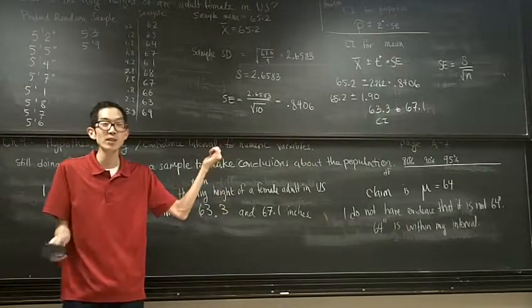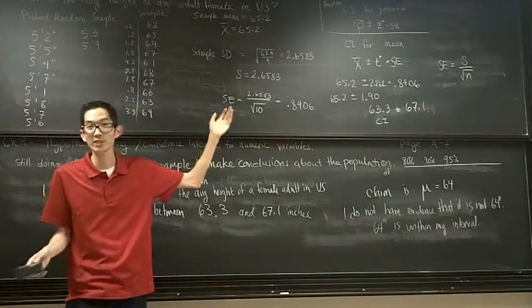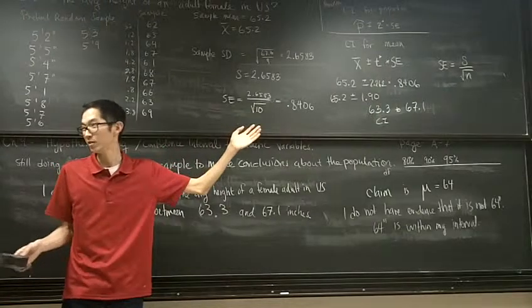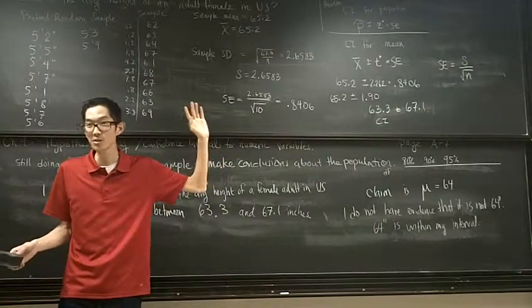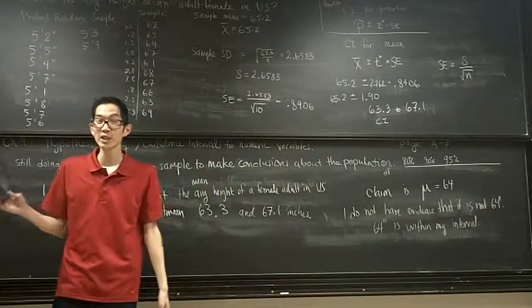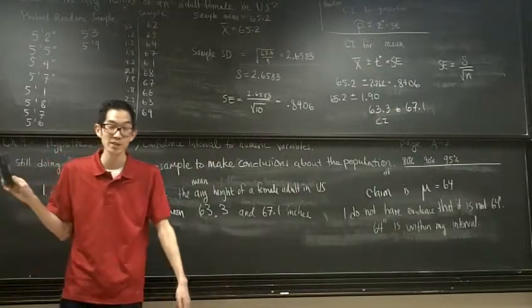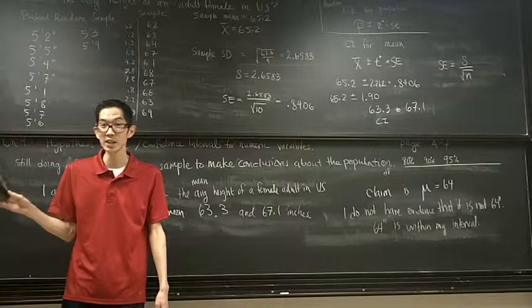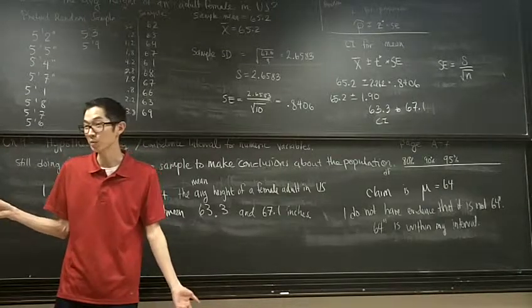Am I going to get 64.5 exactly? No. I might get something pretty darn close to that, but I'm not going to get 64.5 exactly. So my claim that the average height is 64.5 exactly is not a good claim.